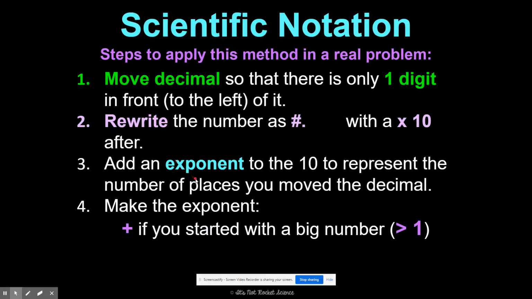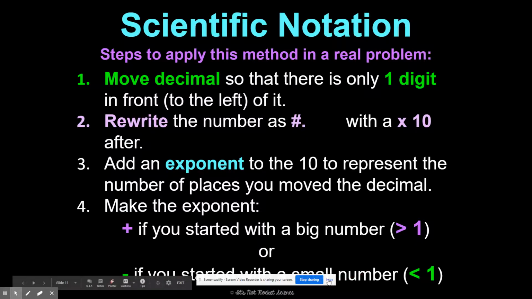We put an exponent after the 10, which is going to be that little number up top, to tell us how many places we move the decimal. And when we start with a big number like 50,500, then our exponent is going to be bigger than 1, meaning that it's not negative.